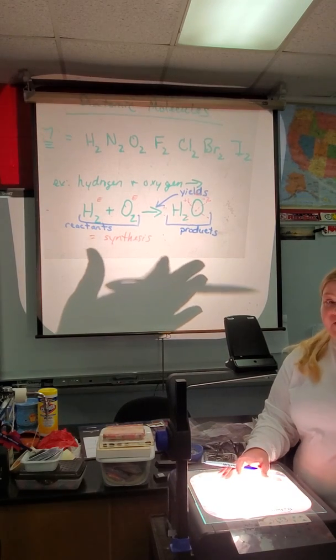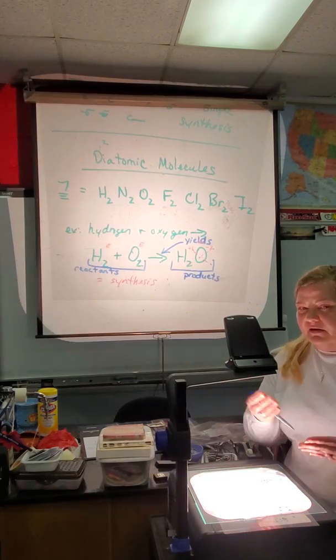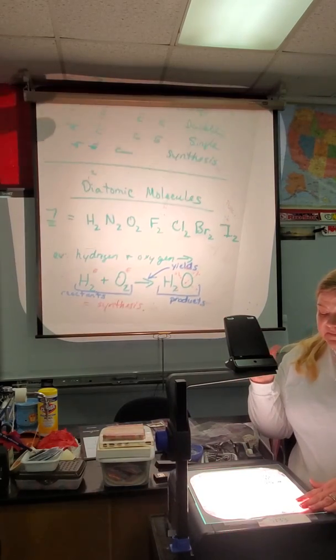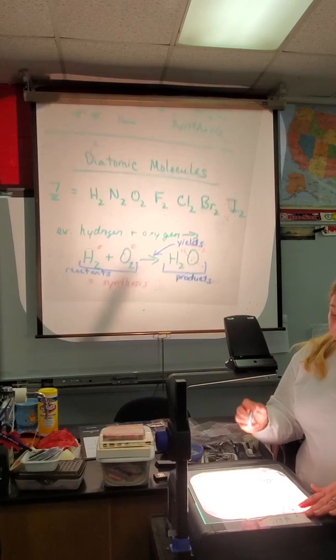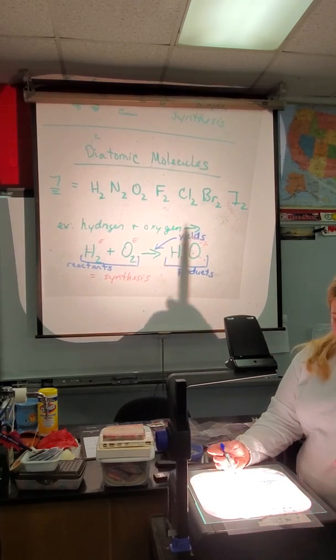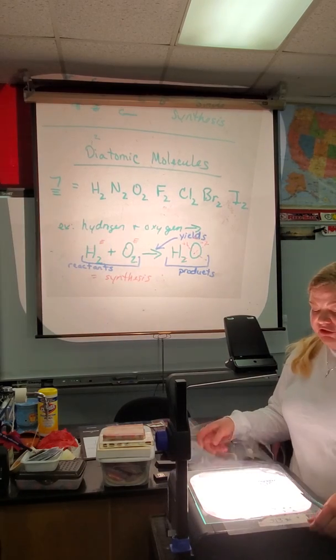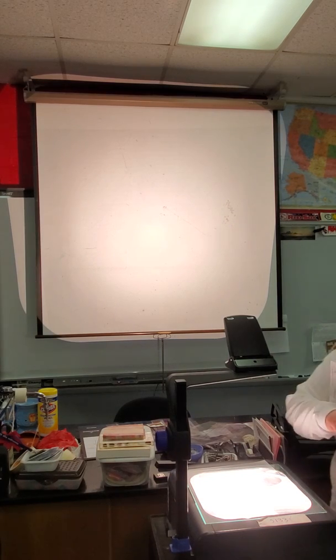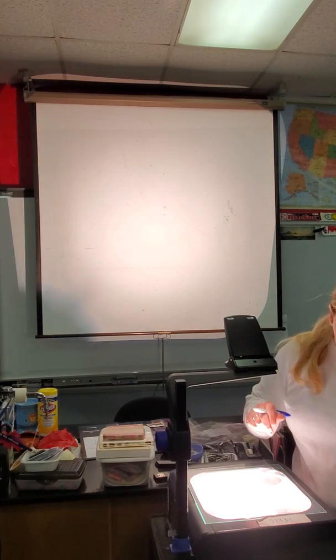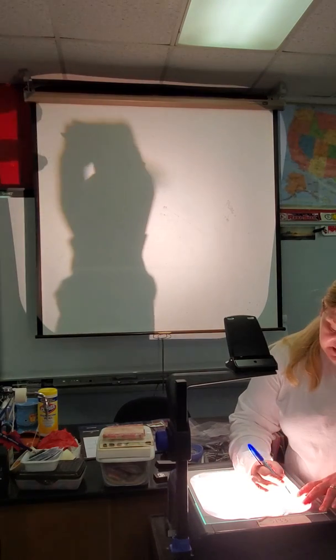So in review, and this is a shorter video and kind of getting you started on the types of reactions, diatomic molecules are written by themselves. Let me do another example to show you how that's done using diatomics. So let me make up something here.